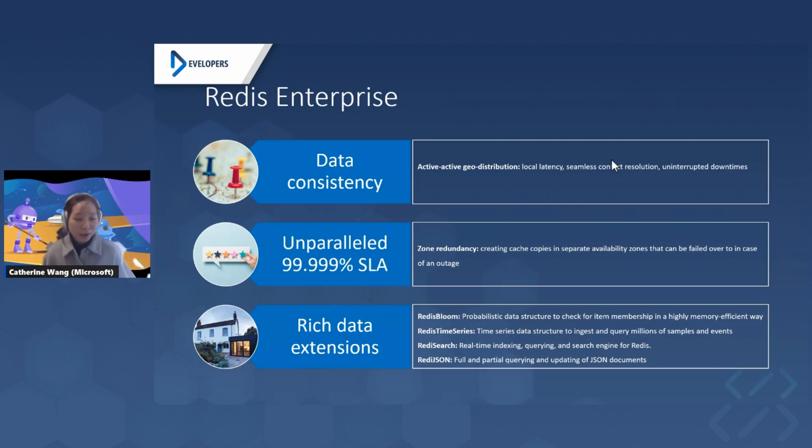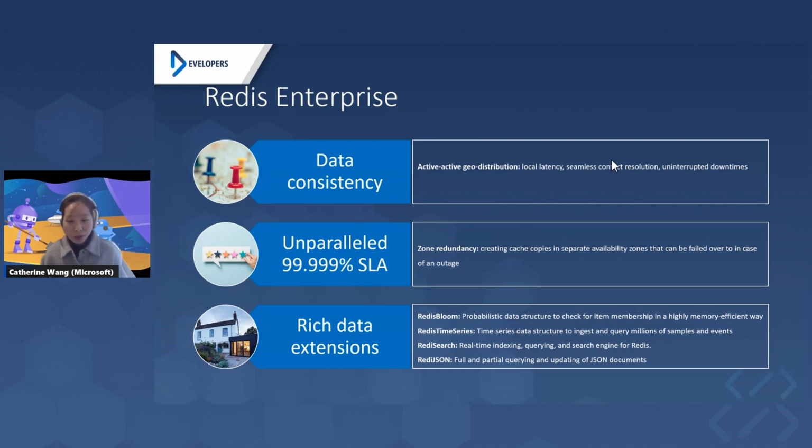And it offers extended scenarios with rich data extensions. There are a few extensions: Redis Bloom for probabilistic data. Redis time series is good for real-time data processing and IoT scenarios.